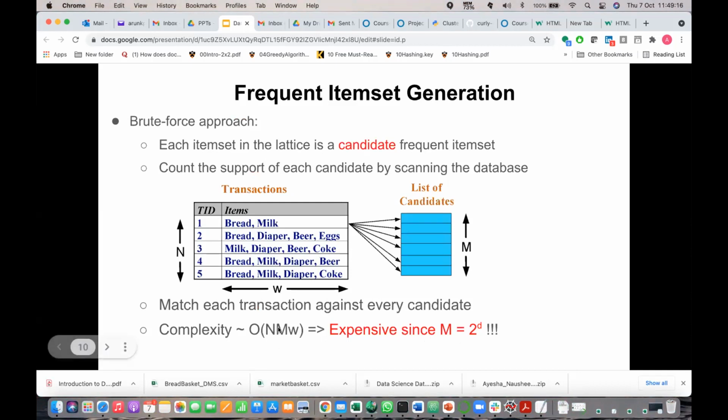So these M item sets you have, to find out the frequent ones, that is 2 power D. Each transaction may have so many elements in it, and each element has to be compared with each element in the item set.